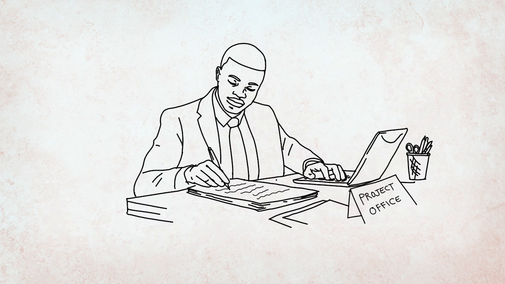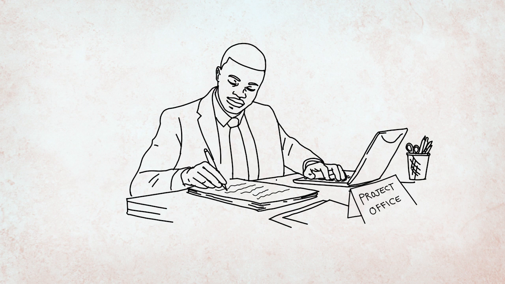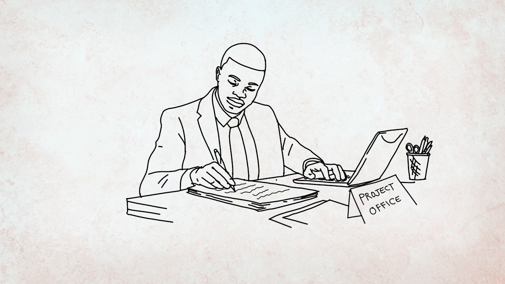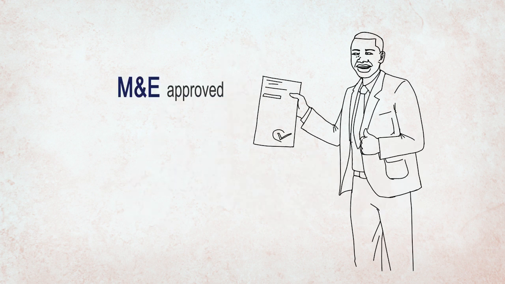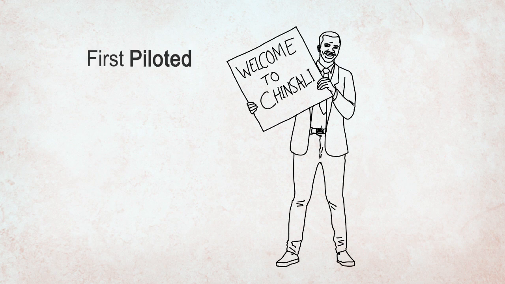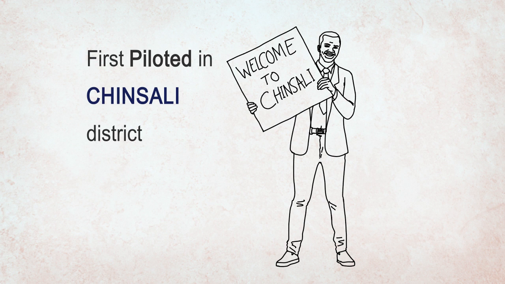The District Aggregation Tool. Once data has been received at district level, it is aggregated using the District Aggregation Tool by the project officer approved by M&E. The tools were first piloted in Chansali district, where successes and challenges were noted and worked on. Later on, they were rolled out in all the other HSS implementing districts.